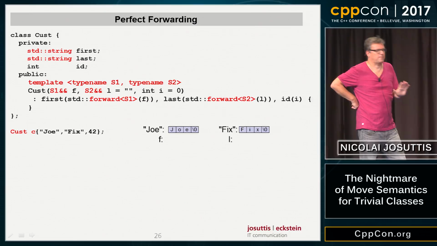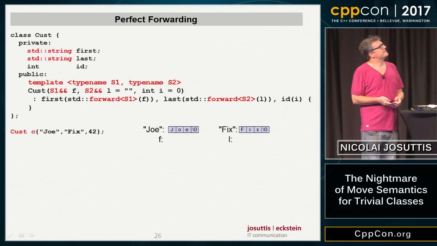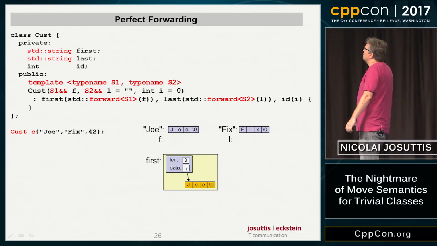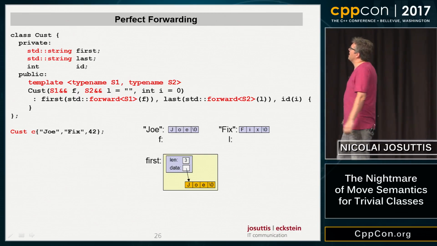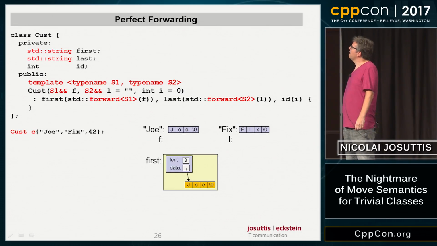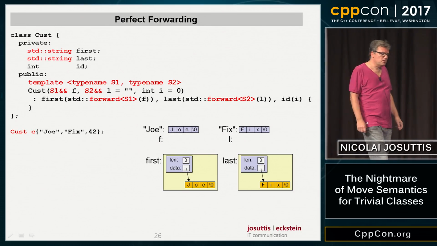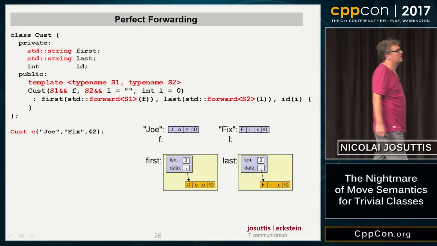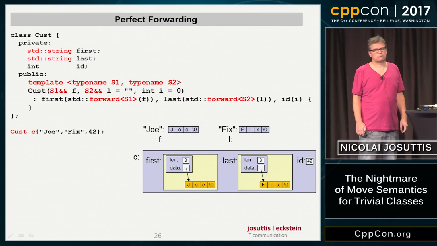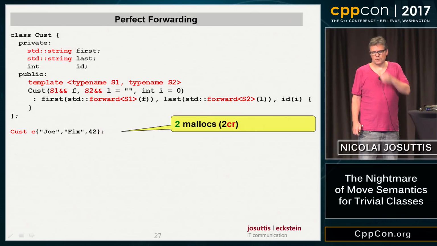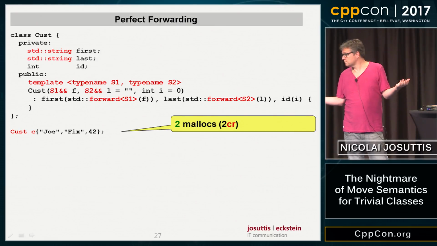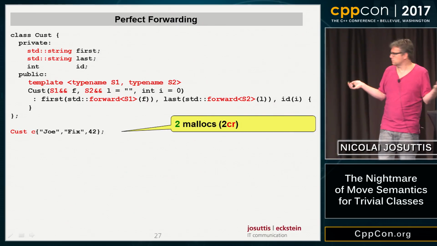Well, it almost always does the right thing, I should say. When we have an L value, a string literal in original is an L value, it takes this to initialize the 2 members first and last. Two mallocs. That's it. Perfect. That's why we call it perfect forwarding.